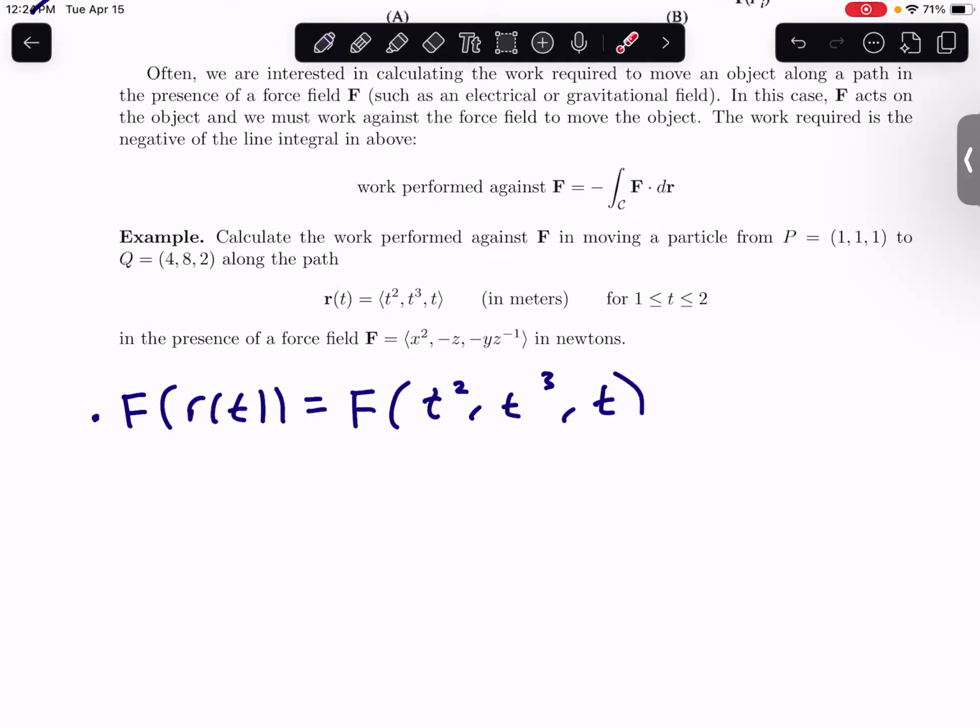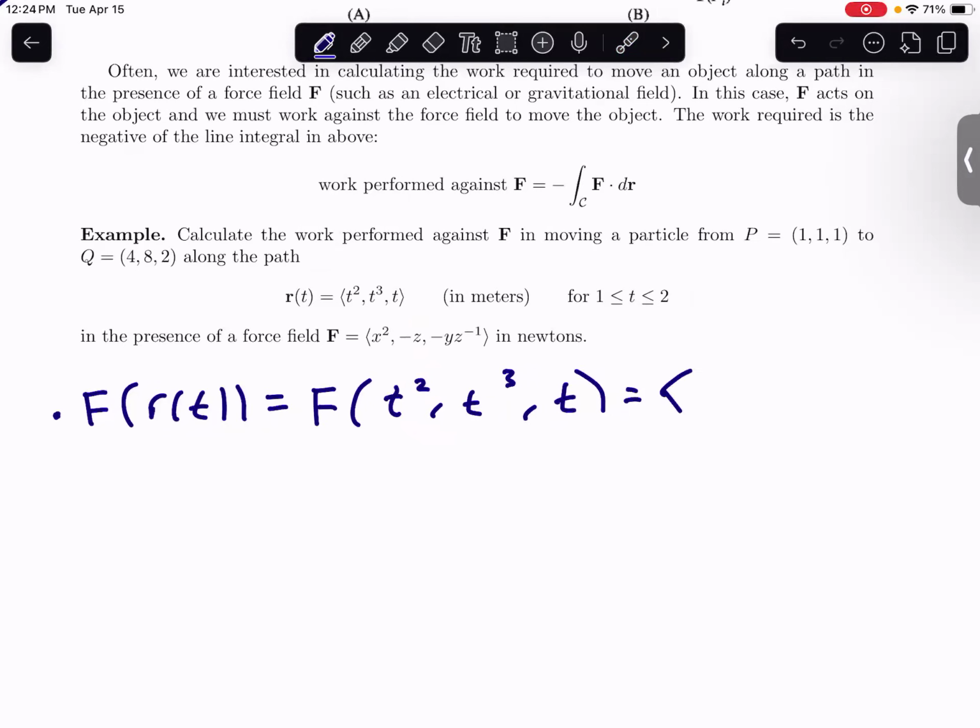And so if you look at F, what we're doing is we're taking the first component, X, and squaring it. So the first component of our new vector field will be T squared squared, which will be T to the 4th power. The second component of F means we're taking the third component of our input and multiplying by -1.